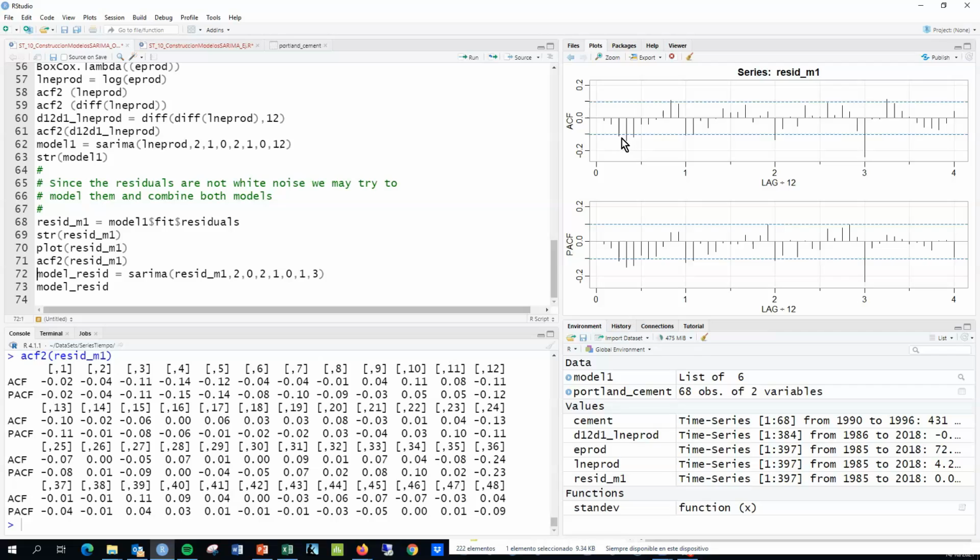So I may have something. Look at 12. At 12, there's nothing going on here. 24, yeah, I do have a significant lag at 24. And I do have a significant autocorrelation at lag 36. So there's something still happening, and this behavior could be due to a seasonal moving average, right?